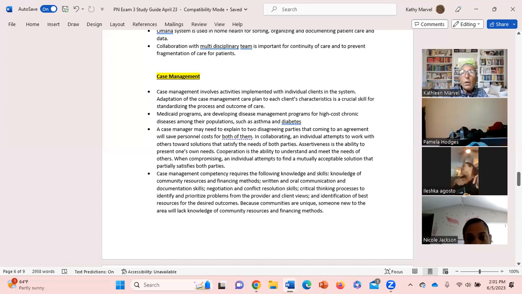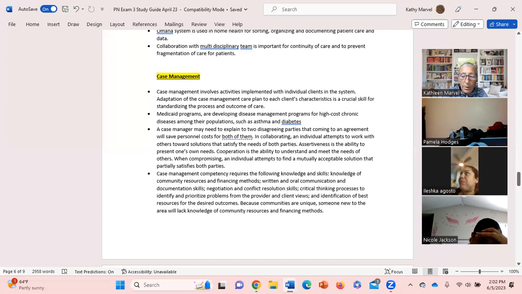What are the needs of the client going from one place to another? What are the resources available for that client? Their job is to coordinate care, and the case manager's role is really primarily being the patient advocate.